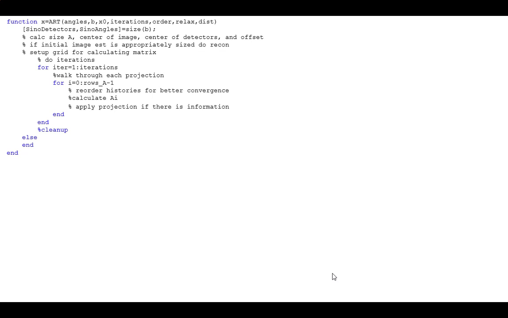X0 is your initial guess. Iterations is how many iterations you want to do. In general, for the sizes we're doing, somewhere around 5 or 6 is probably right to get you a pretty good image. It will depend on your system.